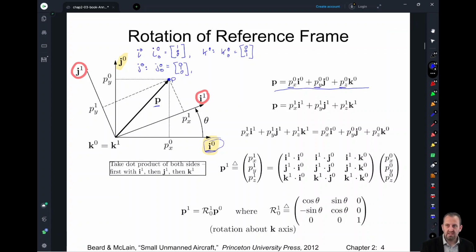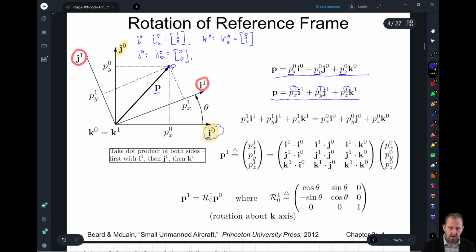Or we could write it in terms of our reference frame 1. In this case, note that we've used the superscript 1 to denote that we've changed our frame of reference. So we can see that we have two different ways that we could write this point, and realistically we could come up with, and we are going to come up with, many more frames of reference, and we could represent that same point P in each one of those frames.